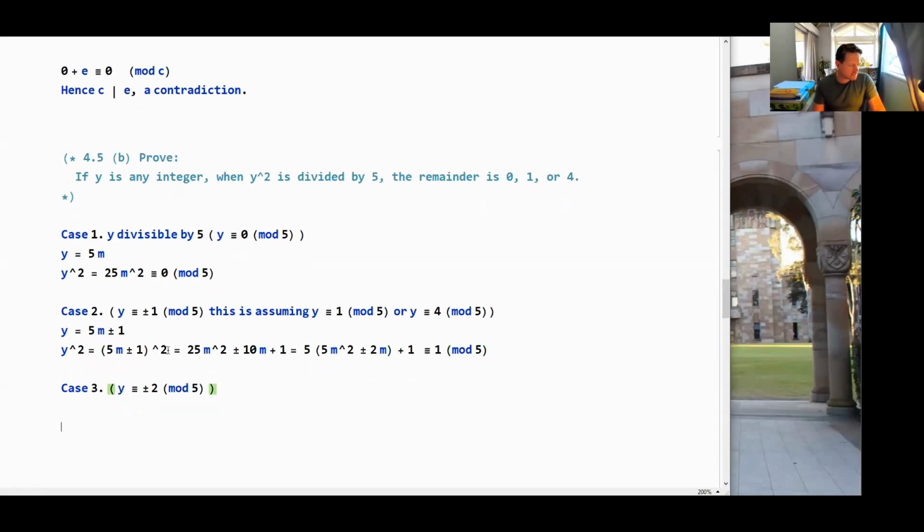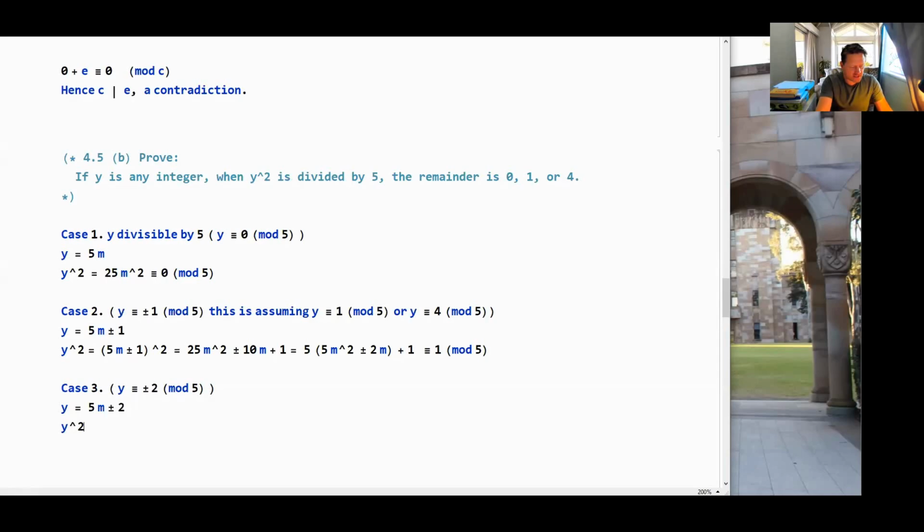All right, so in case 3, in this case, we will have y is equal to 5m plus or minus 2. All right, so there is such an m. And I should probably say that there exists an m such that y is equal to 5m plus or minus 2. And it's not necessarily the same as this m, right? Or this m. It'll be a different m. Okay, now we square this.